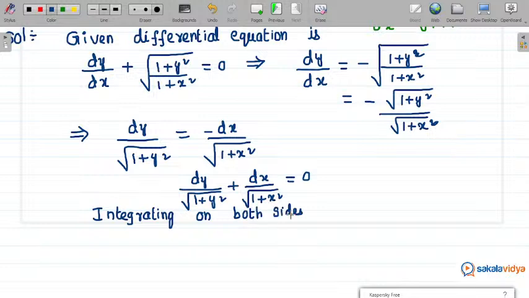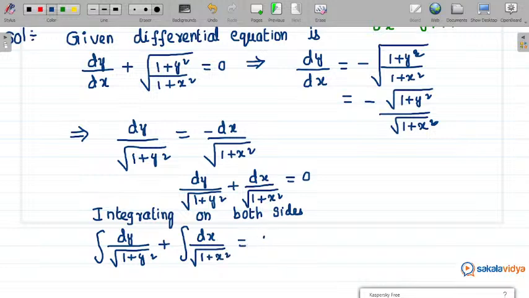On integrating on both sides, we get integral of dy by root of 1 plus y square plus integral of dx upon root of 1 plus x square equal to a constant term. Integral of 0 is a constant. So, my dear students, basic concepts are to be remembered to solve this.